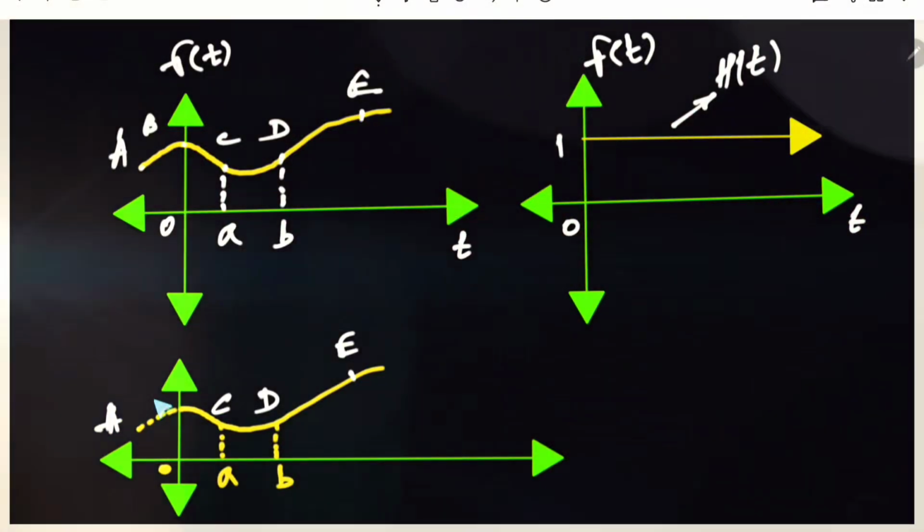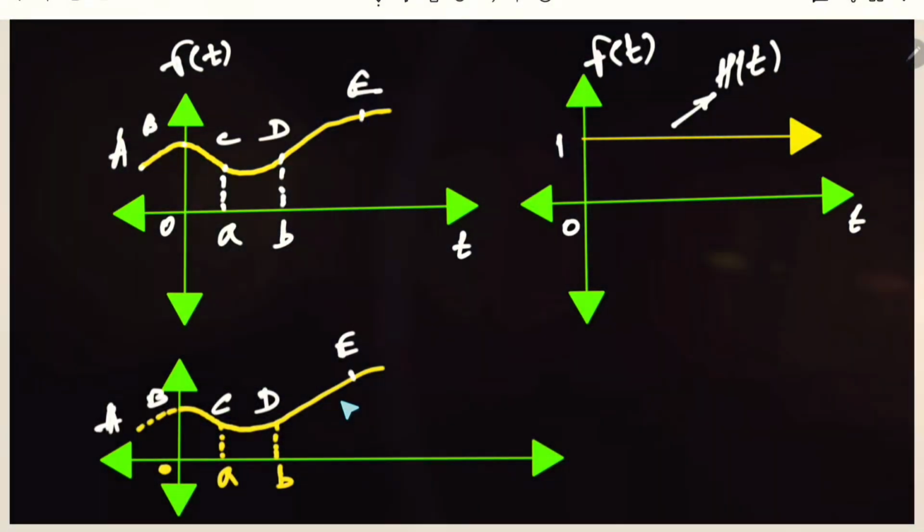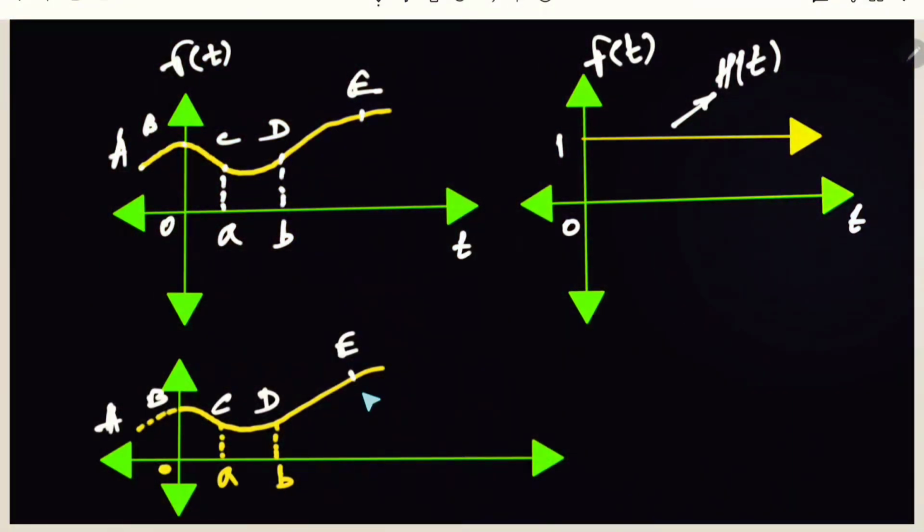Graph starts from point B. The figure between A and B becomes 0, or the curve vanishes. This represents the product of f of t into h of t, continuous function multiplied by a unit step function.